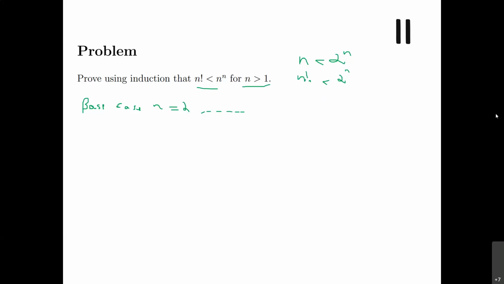We make n plus 1 times n factorial. Yes, that's sort of what I want to do.